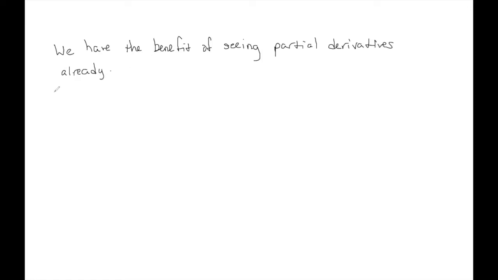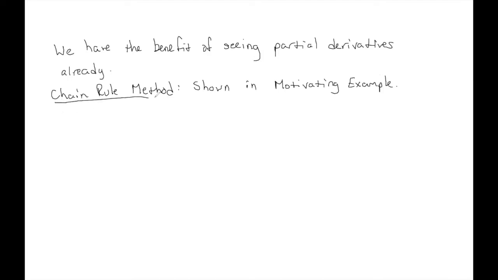So there is a chain rule method shown in motivating example. And there is the partial derivative method. And this is just a formula you can memorize.